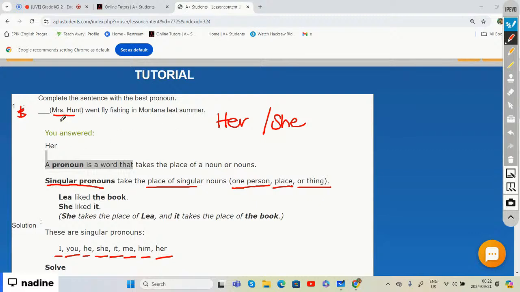If we look at the sentence, Mrs. Hunt went fly fishing in Montana last summer.